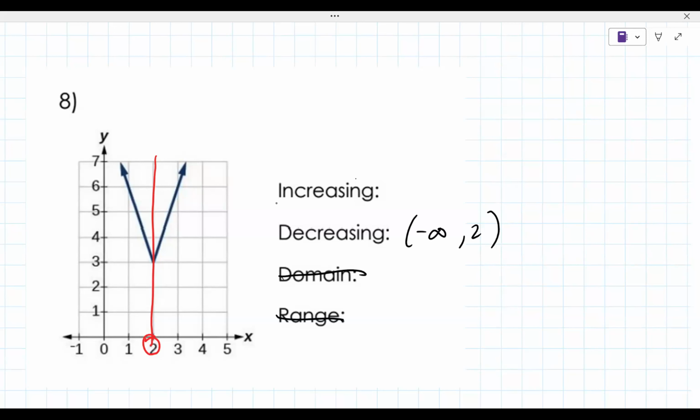And for increasing, it would be 2 to positive infinity. So this is the next thing, it's always parentheses. Because at an individual point, it's neither increasing nor decreasing. At the endpoint, it can't be increasing or decreasing because it's a fixed place in time.